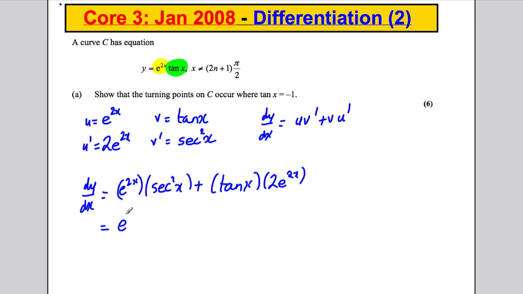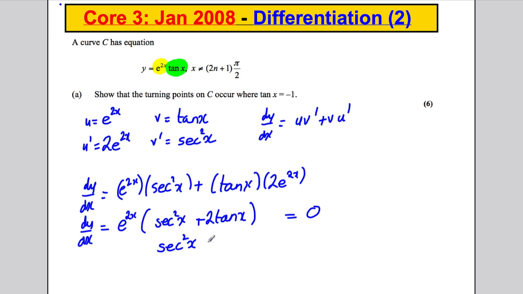You could factorise out an e to the 2x here, and you'd be left with sec squared x plus 2 tan x, and you would get that as equal to your dy by dx. Now, for a turning point, you must have dy by dx equal to 0. e to the 2x can never equal 0, so really what you're solving is sec squared x plus 2 tan x is equal to 0.